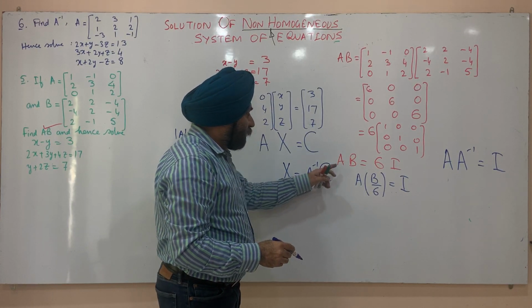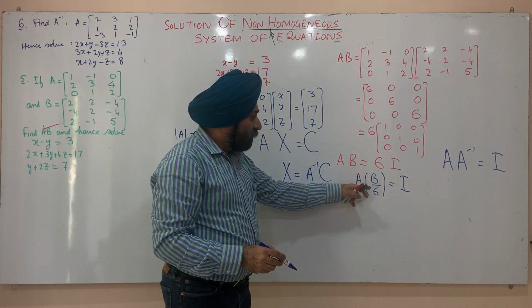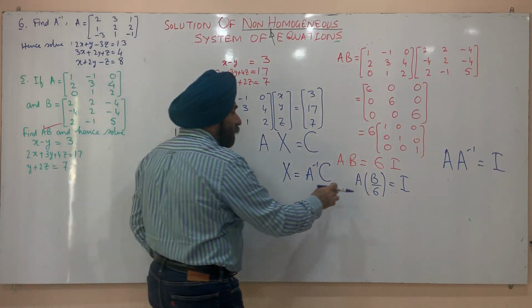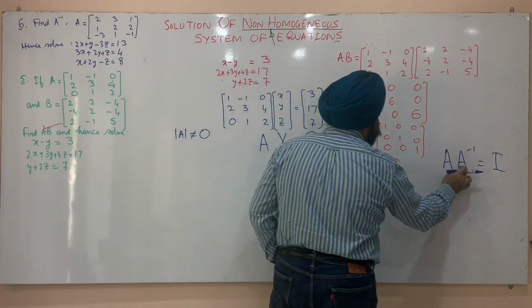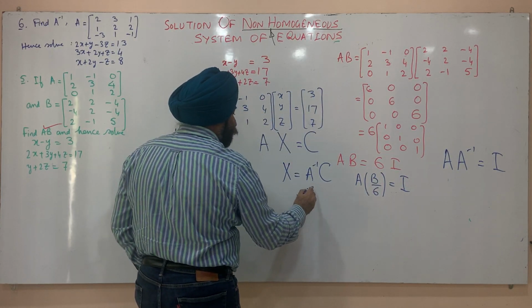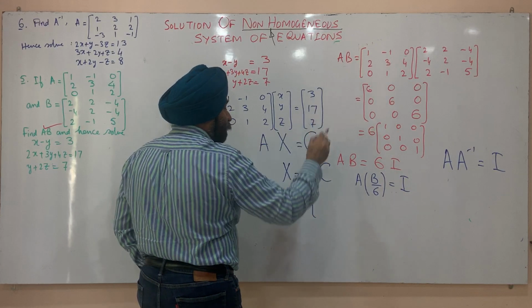Here I want A inverse. So can I say 1 by 6 times B is A inverse? A into A inverse is I, so this is A inverse, 1/6 of B.